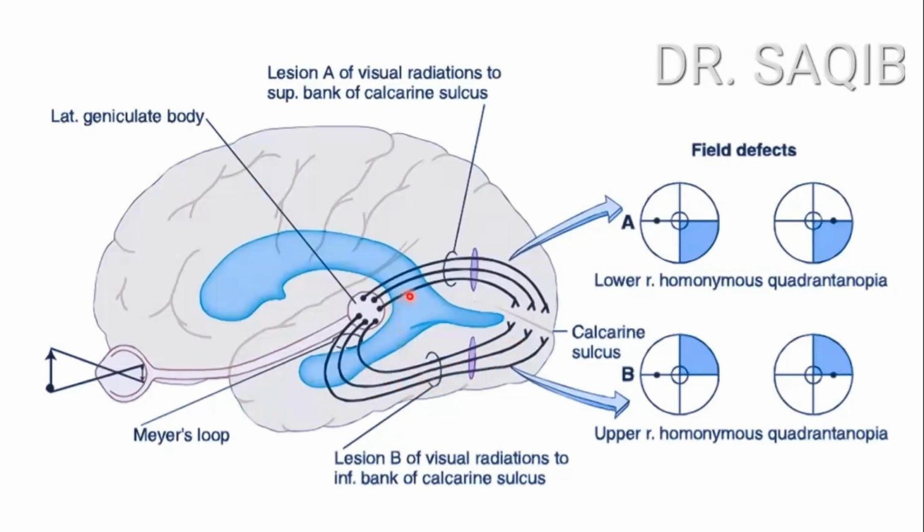And this is lesion A over here. This is the visual radiation lesion here, and due to it there is a lower right homonymous quadrantanopia. And in lesion B of the visual radiation to the inferior bank of the calcarine sulcus, there occurs upper right homonymous quadrantanopia.